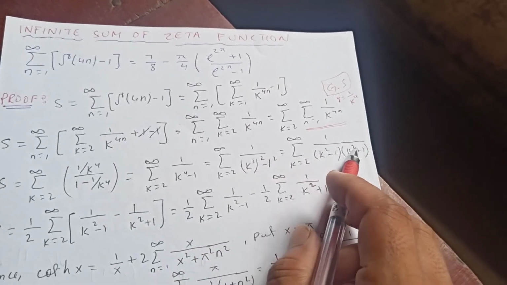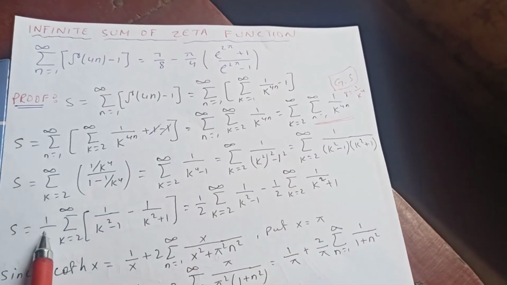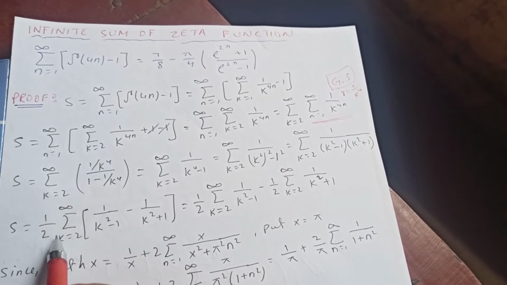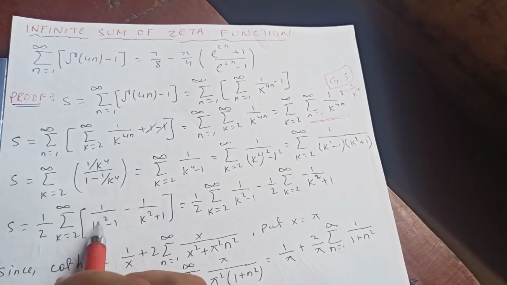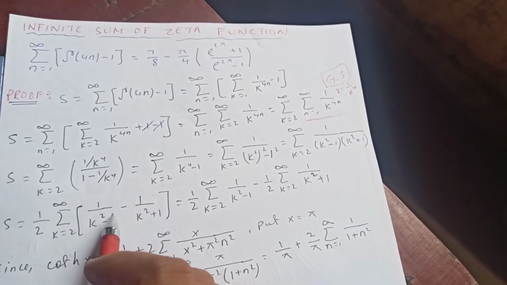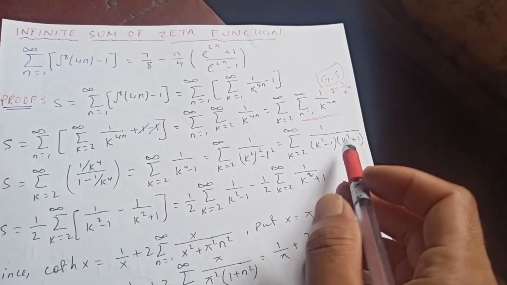Now if you take the partial fraction, you get S equal to half of the sum from k equal to 2 to infinity of 1 over (k squared minus 1) minus 1 over (k squared plus 1). This is the partial fraction for this.